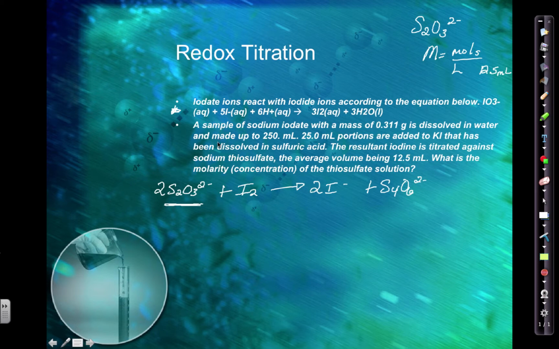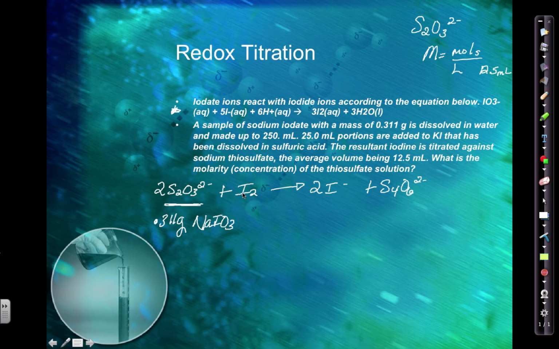I know that I started with sodium iodate, and it has a mass of 0.311 grams. But this is of sodium iodate. Remember, they have two reactions here. In the first reaction, we're reacting iodate with the iodide to make iodine, I2.